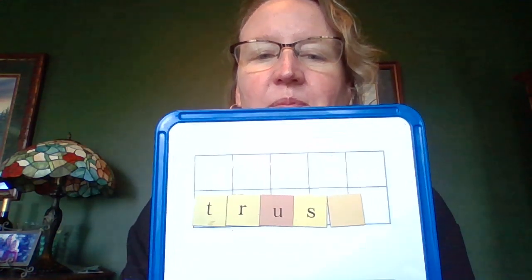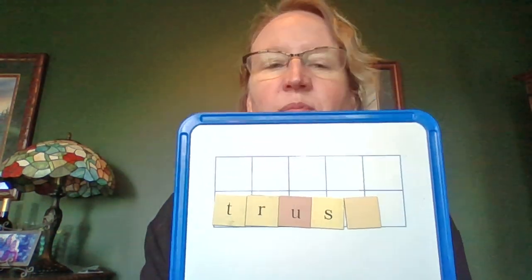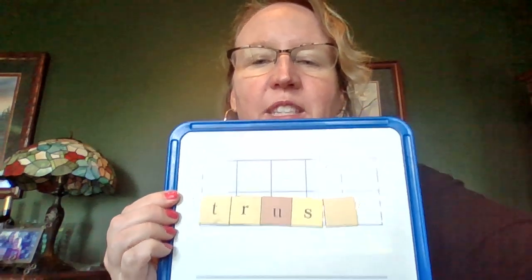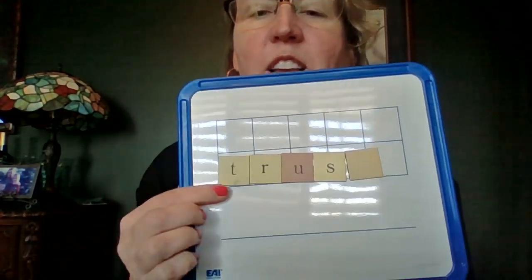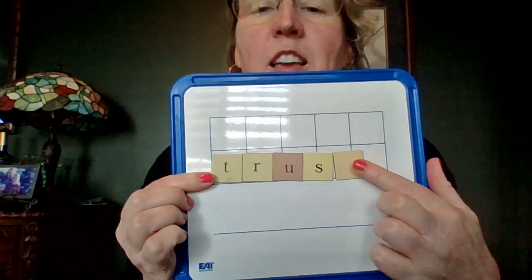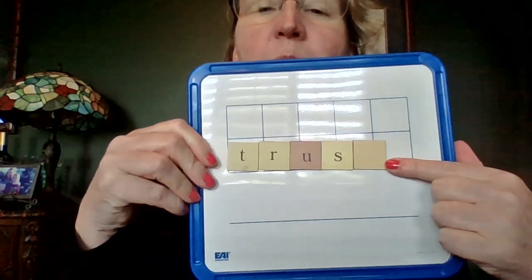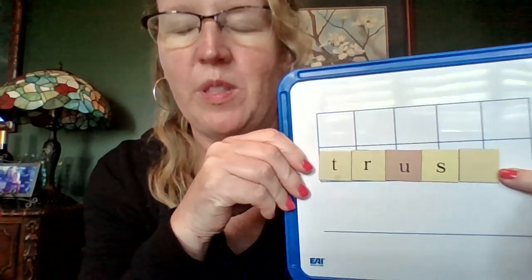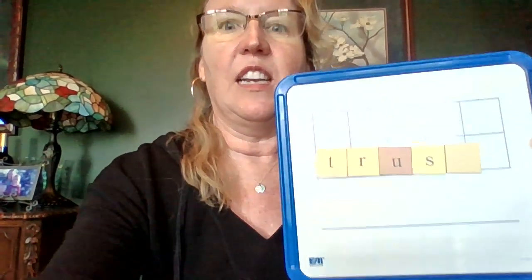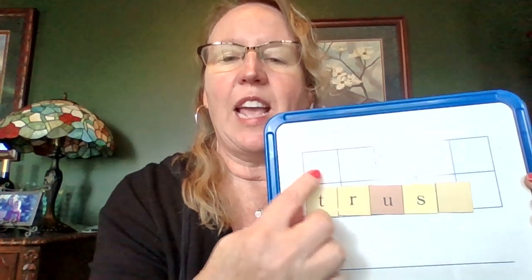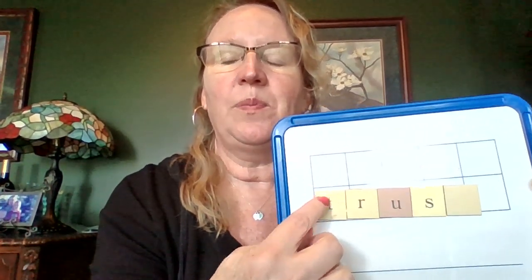Moving on, we have a word of the day. Here is our word of the day. Do you notice that? You might be saying, Miss Myers, we've got a yellow tile with nothing on it here. Well, remember, we've done a little bit with this. If we have a tile and nothing is written on it, that means it's another letter that we already have, that we're already using.